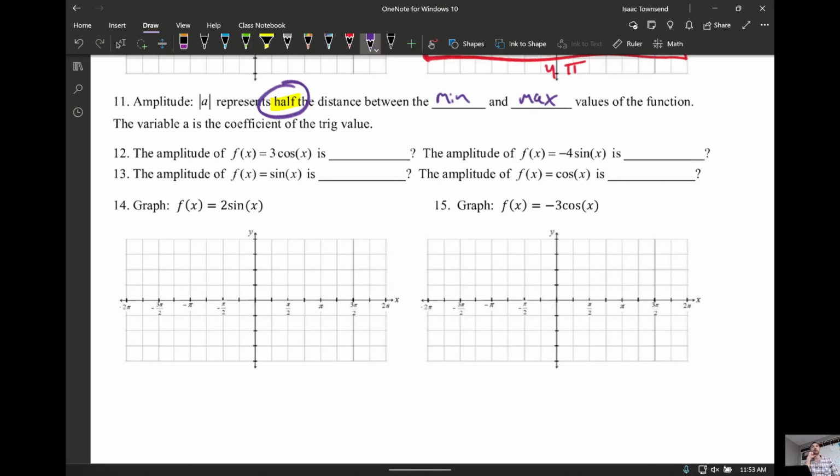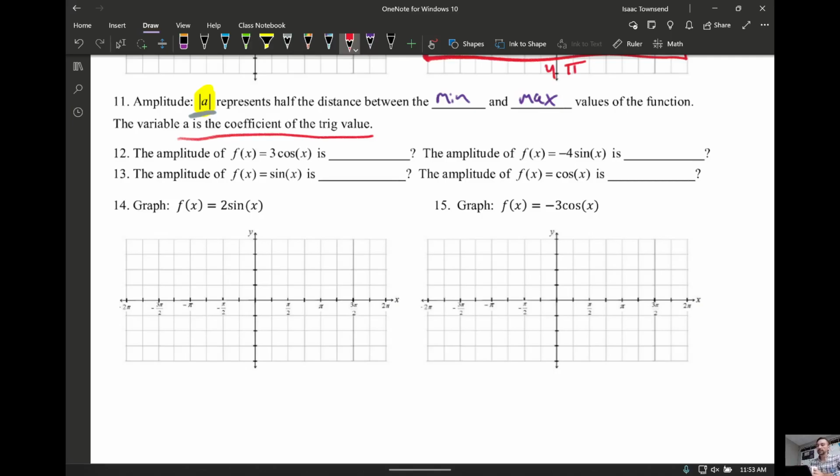So if you have a graph, you could take the max value, find the distance from it to the min value, and divide it in half. But when you have a function, you're going to have to know this formula. It's the absolute value of a, where a is the number being multiplied by the trig value. The coefficient of the trig value is a.